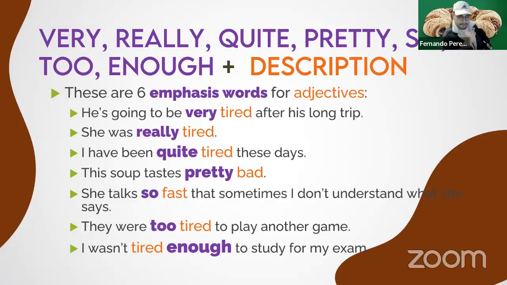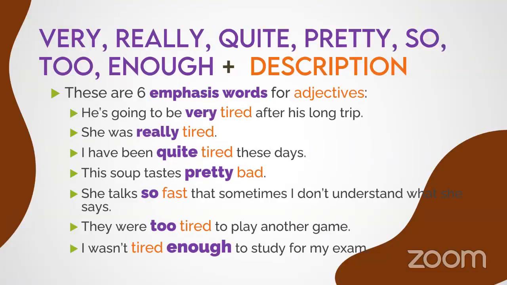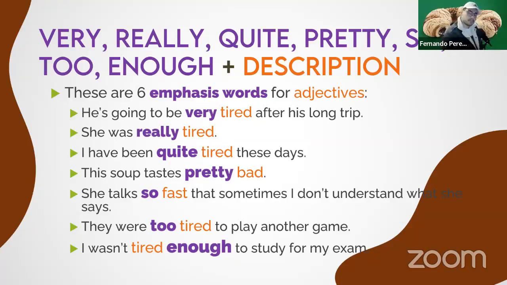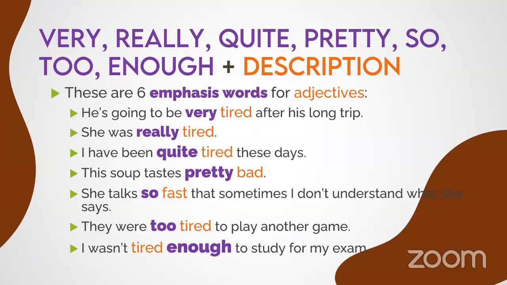Okay, help me with the reading. Jessie. Very, really, quite, pretty, so, too, enough, plus description. These are 6 emphasis words for adjectives.